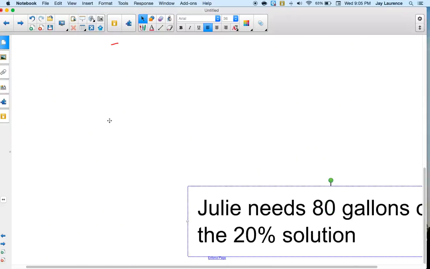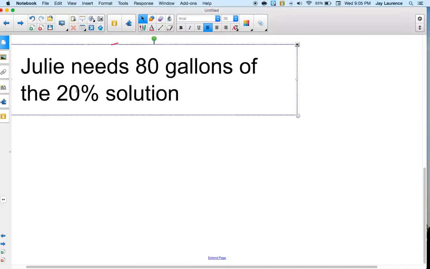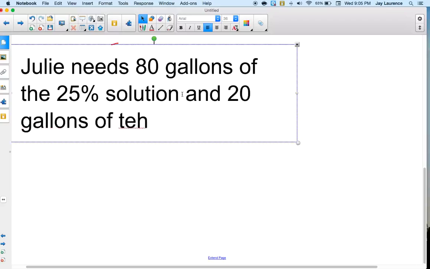So, of the 25% solution and 20 gallons of the 50% solution. And there you go.